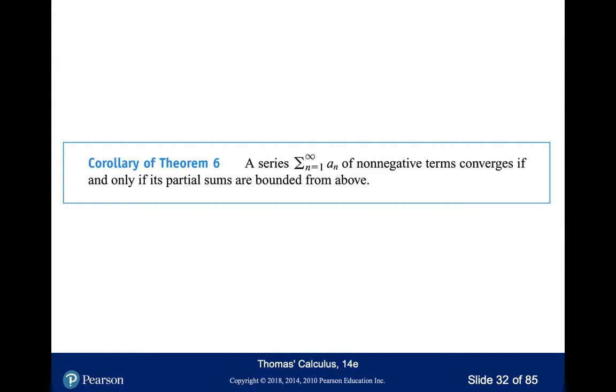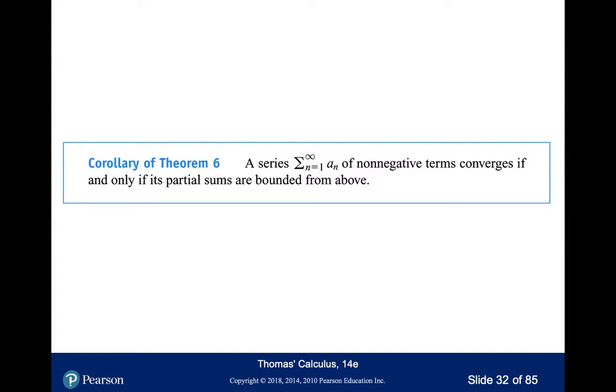First, we want to say that a series of non-negative terms... we've looked at some series where the terms go positive, negative, or maybe start with some negative values but then become positive, or vice versa.